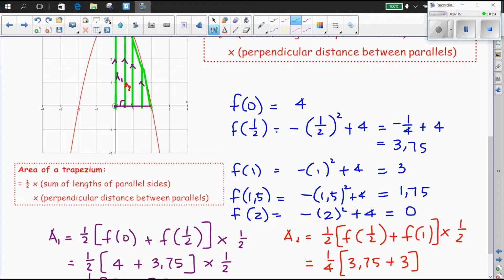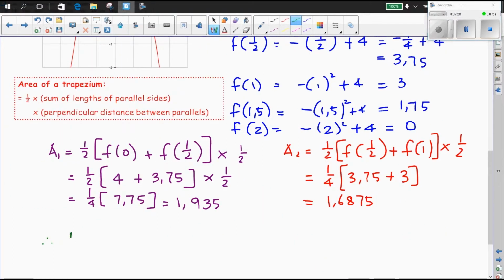I am now going to find the area of trapezium 3. Trapezium 3 lies between x equals 1 and x equals 1,5. So therefore, area 3 is again going to be half f of 1 plus f of 1,5 multiplied by a half.